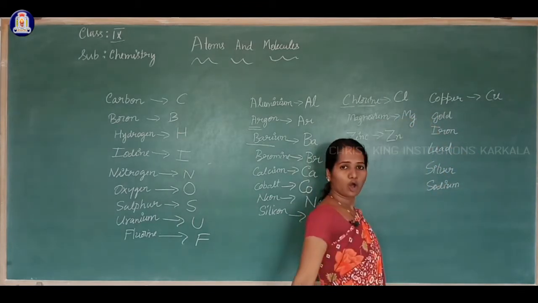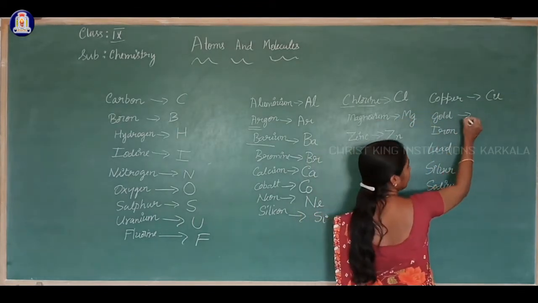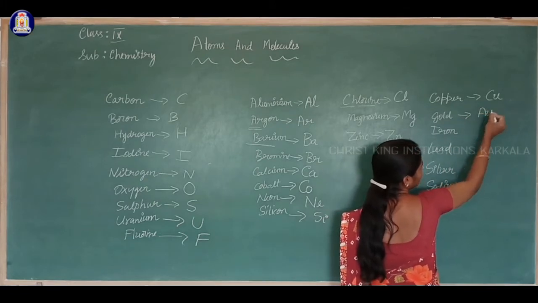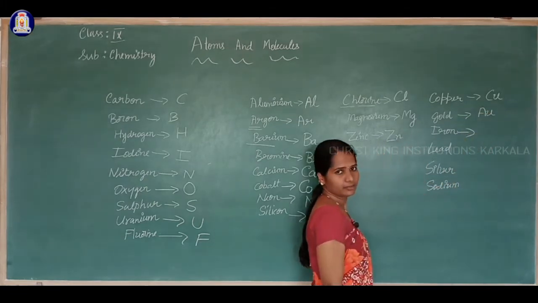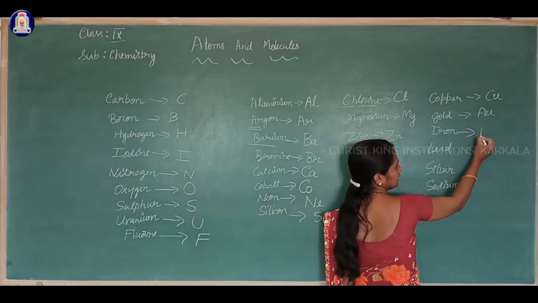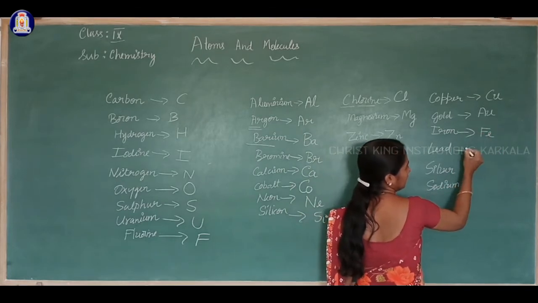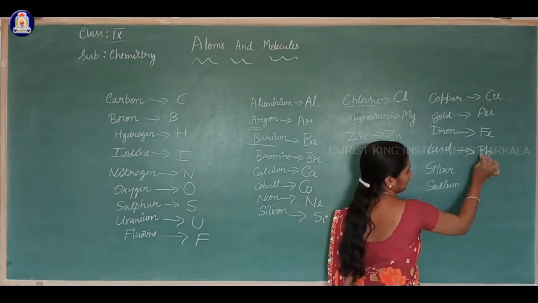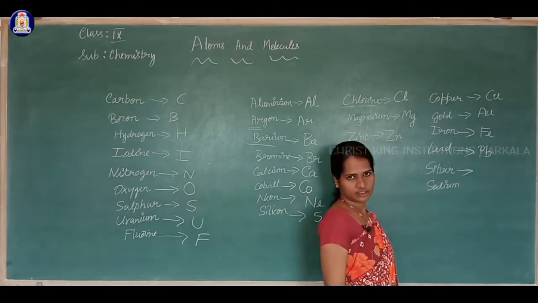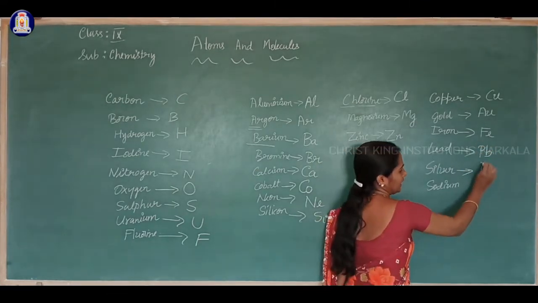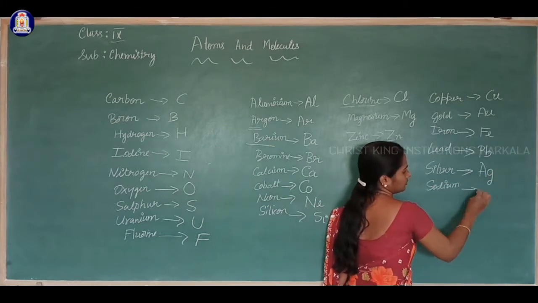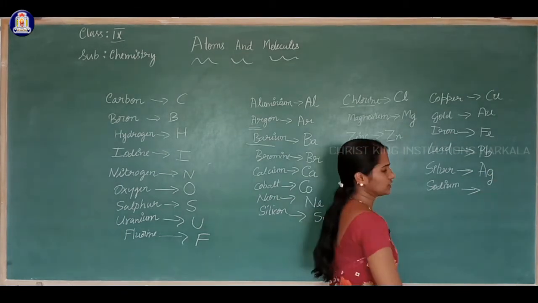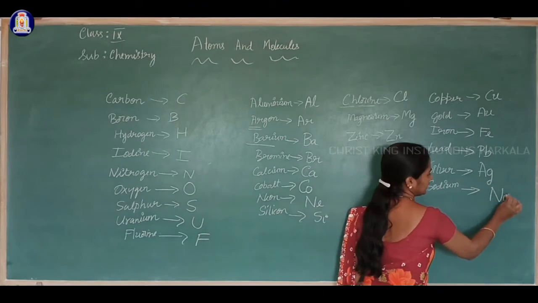Gold is aurum, which can be written as Au. Iron is ferrum, which can be written as Fe. Lead is plumbum, which can be written as Pb. Silver is argentum, which can be written as Ag. And sodium is natrium, which can be represented as Na.